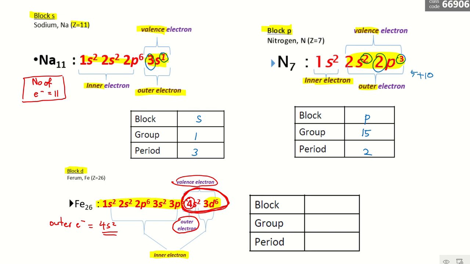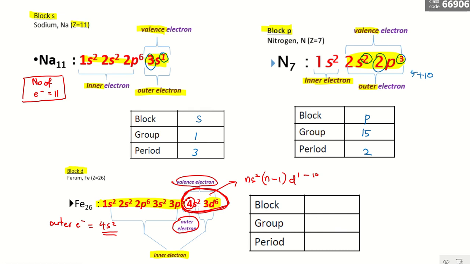D dia 3. Sebab itu kalau kita nampak dia punya general dia kata ns2 (n-1)d1 sampai d10. Ini adalah D block elemen. So contoh kat sini n sama dengan 4, n-1 tu 4 tolak 1, 3. Sebab itu dia jadi 4s2 3d6.